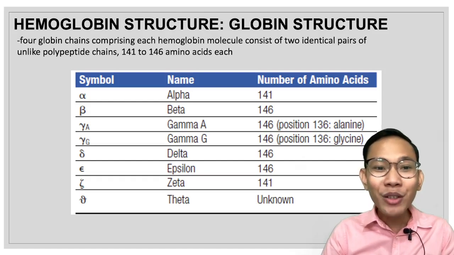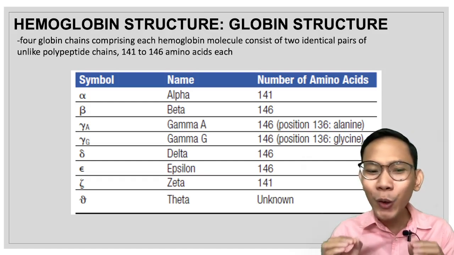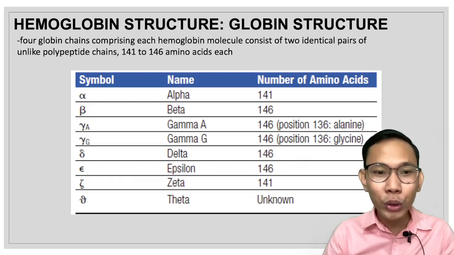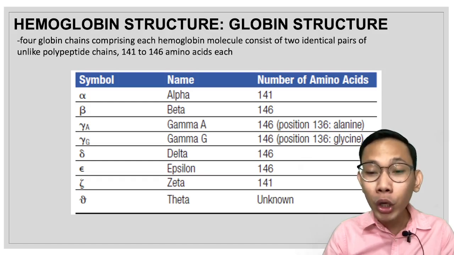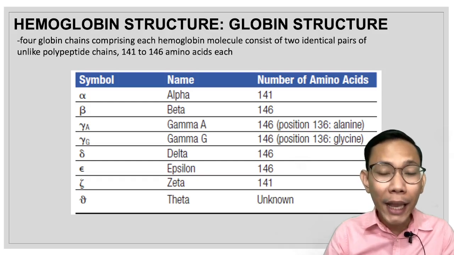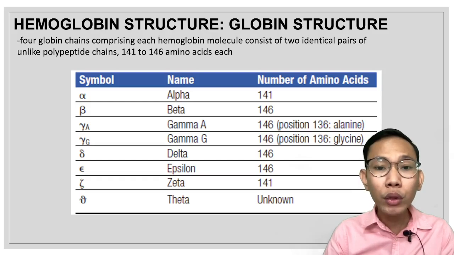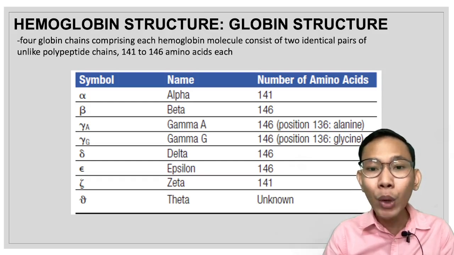So your globin structure, again, how many globin structure ang dapat nating makita sa isang hemoglobin molecule? May 4 din na globin structure. 4 globin chains comprising each hemoglobin molecule consist of 2 identical pairs of unlike polypeptide chains, approximately 141 to 146 amino acids each.